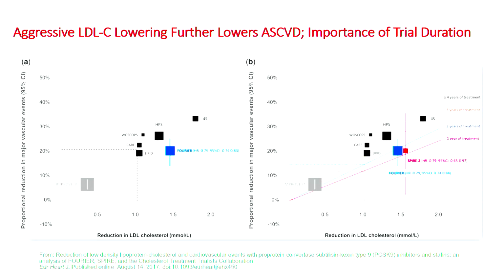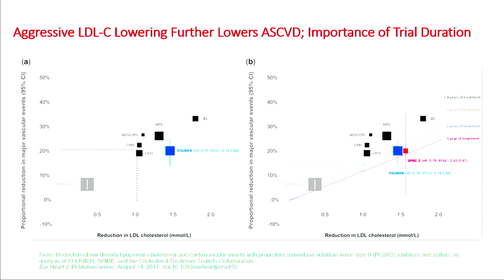And here the reduction in LDL cholesterol falls on the line that we would expect. The amount of LDL reduction leads to the same amount of risk reduction. And I think subsequent slides show this, but basically for every 40 milligram per deciliter lowering of LDL, we expect about a 25% relative risk reduction in cardiovascular disease.